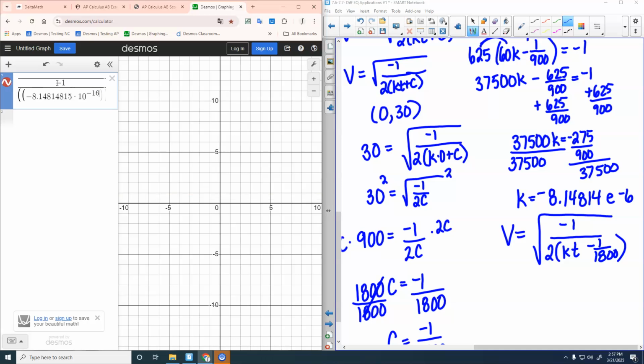If I had done this whole thing in Desmos, I could have copied and pasted. T minus 1 over 1800.